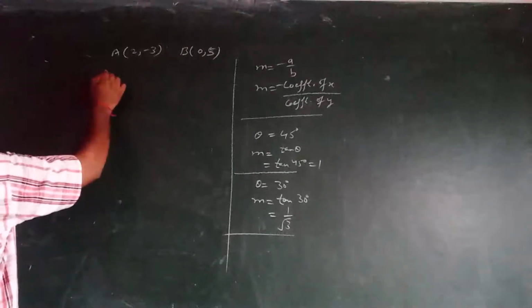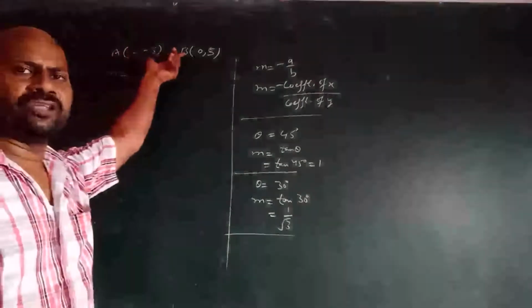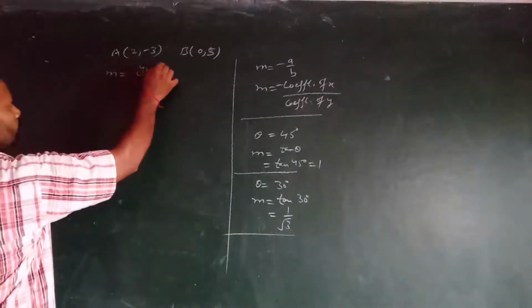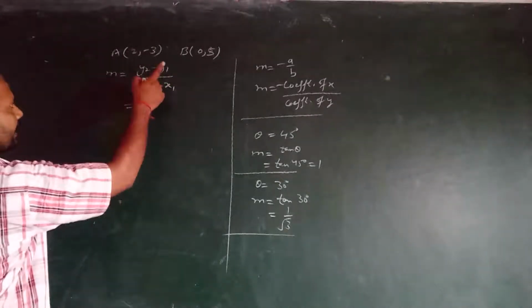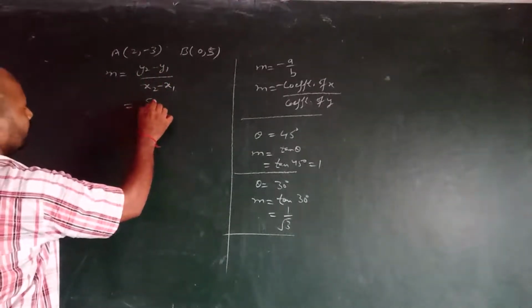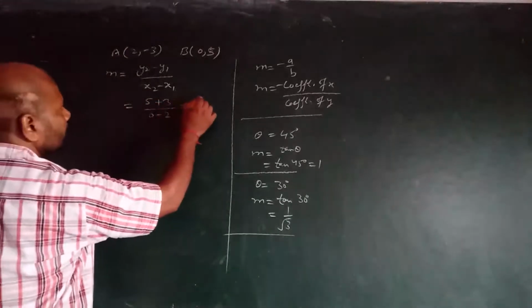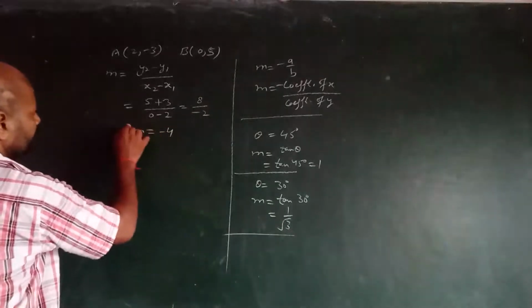Okay, now what to do? The slope m of the line which joins these 2 points is y2 minus y1 upon x2 minus x1. That is 5 plus 3 upon 0 minus 2, that is 8 upon minus 2, so m equals minus 4.